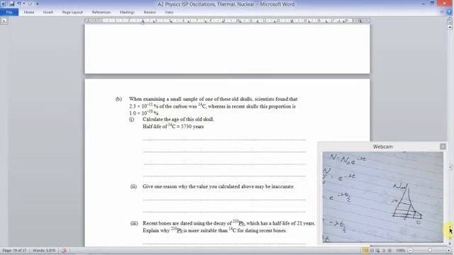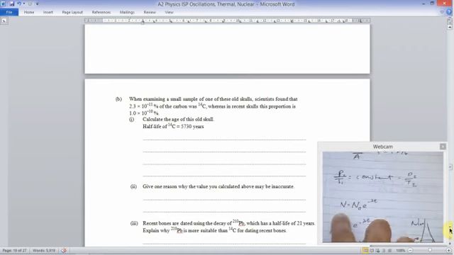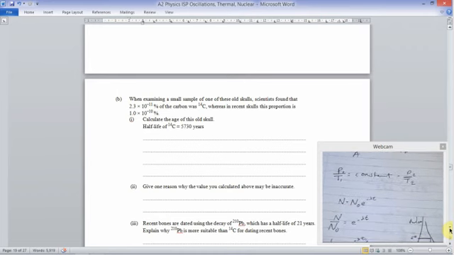So, if you want to figure out the age, you've got to essentially use this equation here that we had before to figure out your t. Now we need lambda, but we've got half-life.